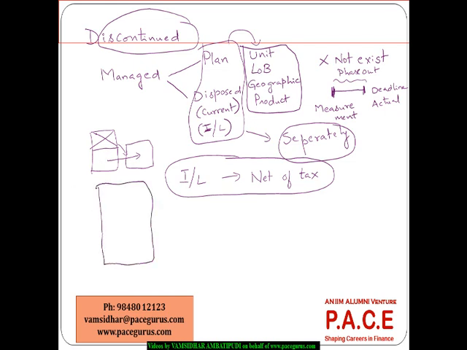So there is a continued operations block where I have revenues, expenses, and finally the net income. One more block I would create at the bottom, which is the discontinued operations block. Again, here I will have a separate revenue, expenses, and net income.